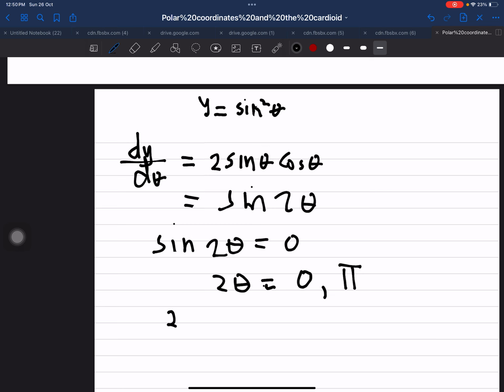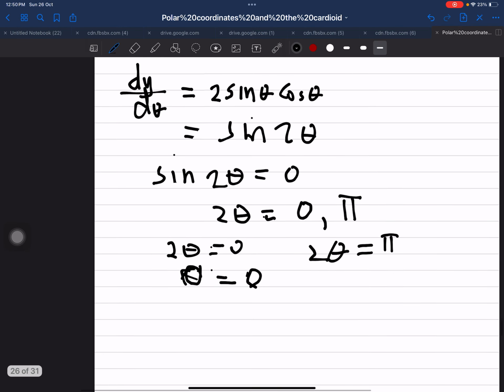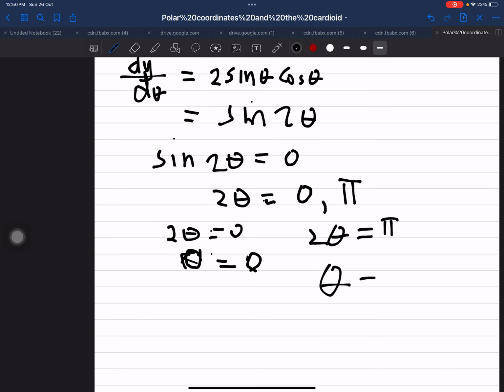From 2 theta equal to 0, that gives theta equal to 0. And if 2 theta is equal to pi, then theta must be equal to pi over 2.